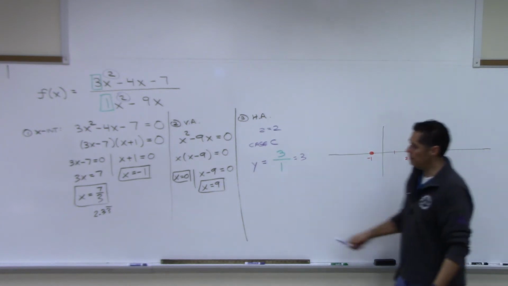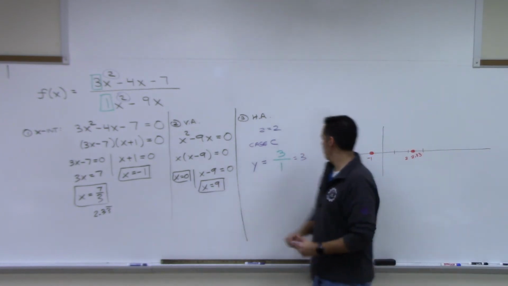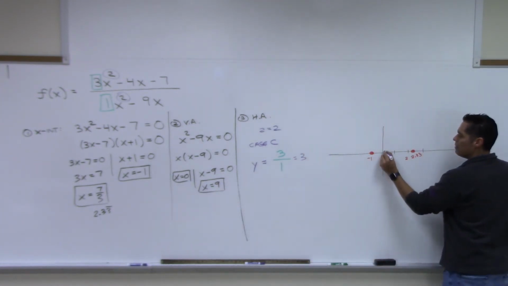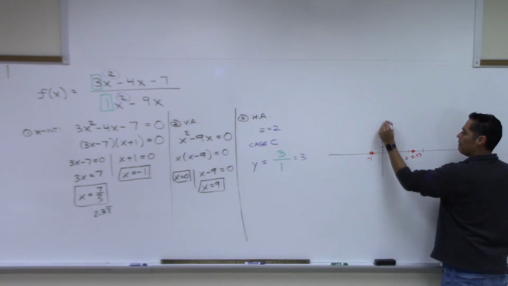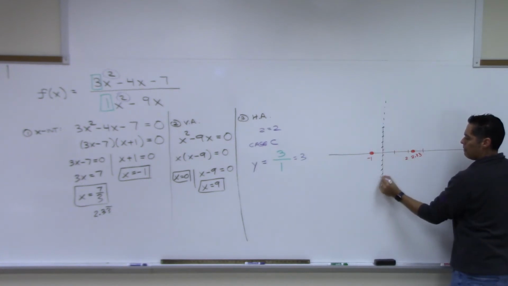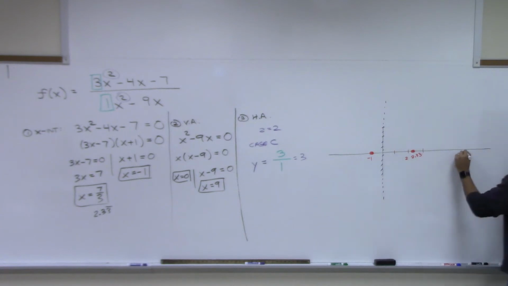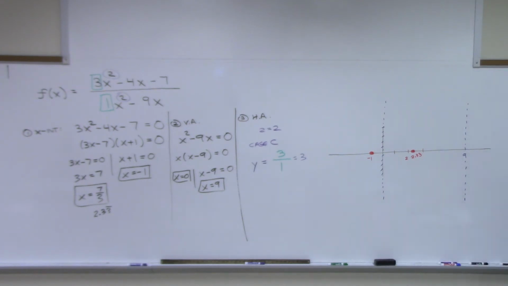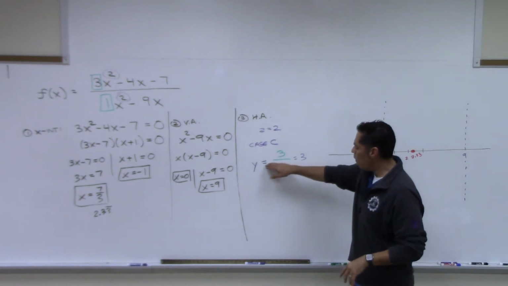I have 2 of them, at 0 and way out here at 9. And then I have a horizontal asymptote at y equals 3.